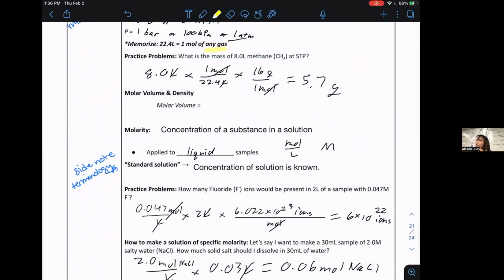You can do your standard conversions where you walk yourself through the canceling out of old units using set relationships between the eventual new units that you want. It's a stair-step process. Now, molar volume, what was supposed to be written here was a derivation of the math for molar volume. So let's say you were given molar mass and density.